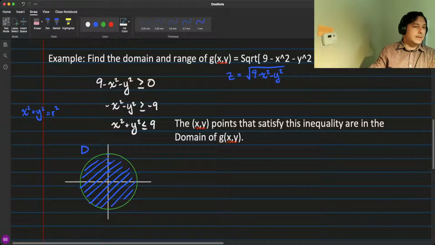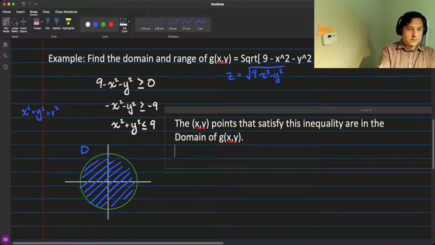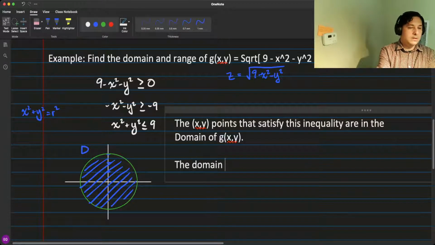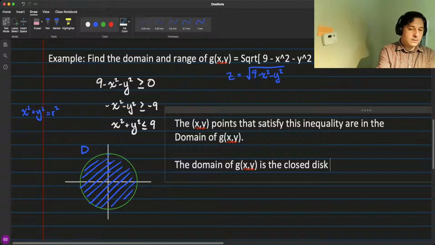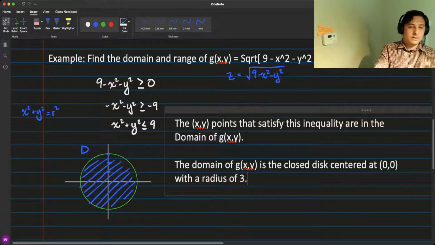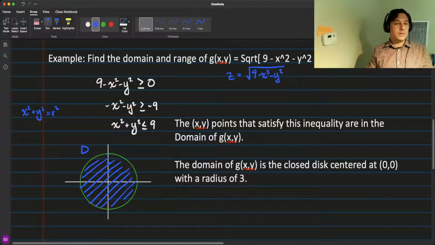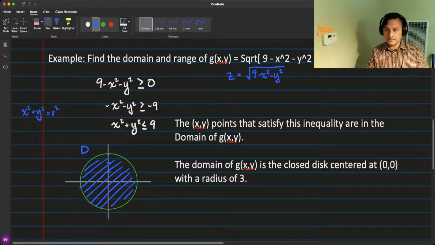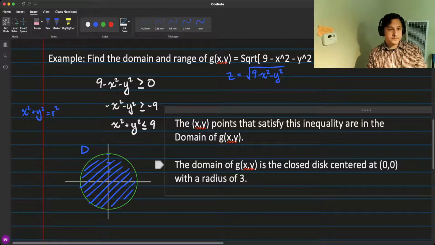So we would say that the domain of g of x, y is the closed disk centered at 0, 0 with a radius of 3. All those points can be plugged into the function. Now what we need to do is figure out what the range is.